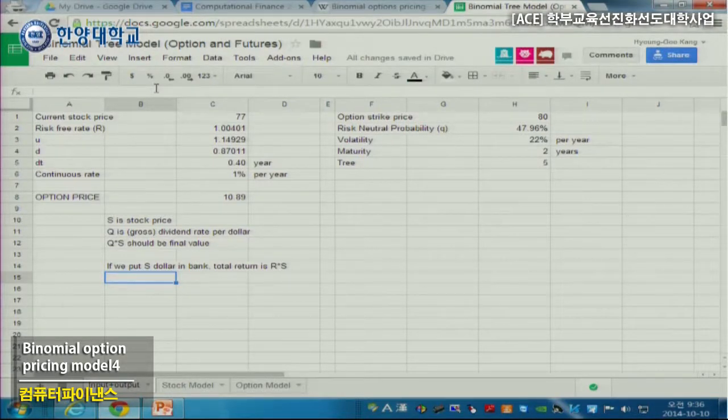Instead, if we buy stock, then the expected total value is what? First, Q multiplied by S multiplied by U, right?